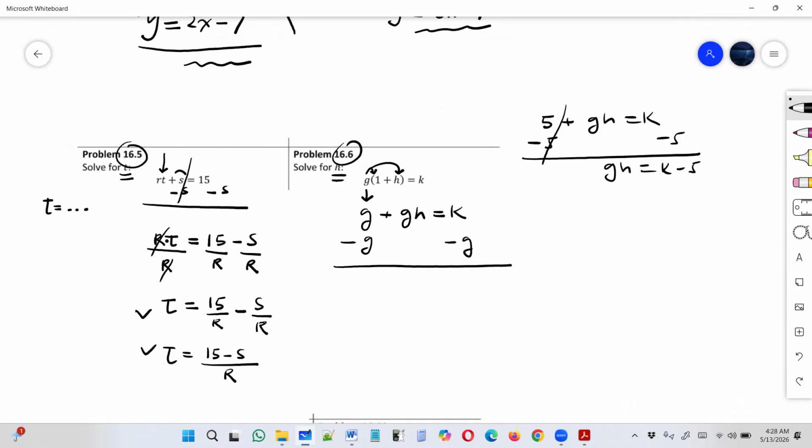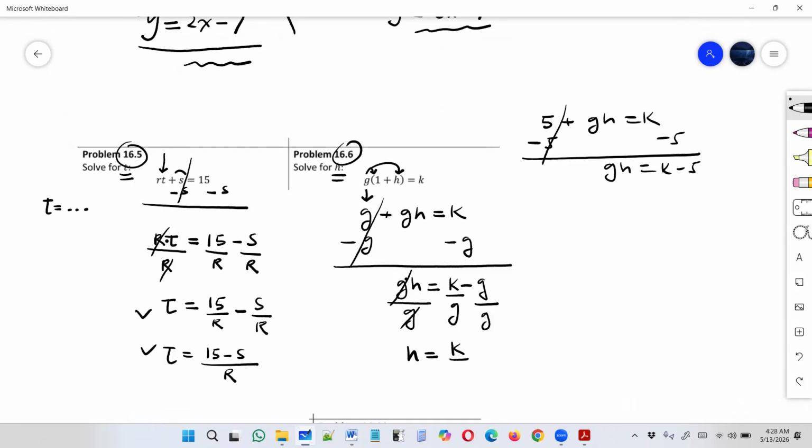So in here, the g's will cancel. I'm left with gh equals k minus g. And now I'm back to something we recognized before. I'm solving for h. The g is multiplying my h, so I have to divide by g. And notice, do each separately. On the left side, the g's will cancel.